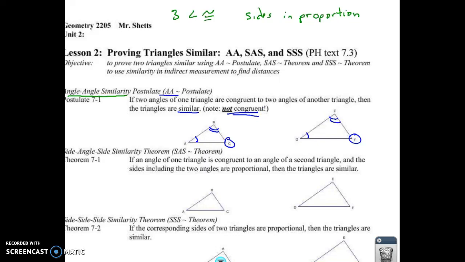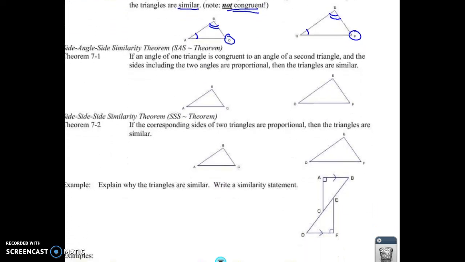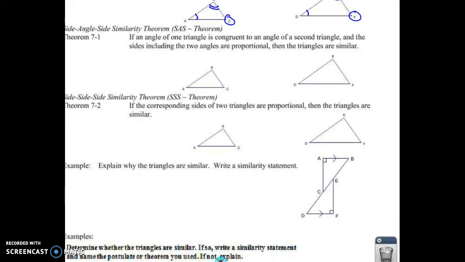Another theorem we have, where we don't need all three angles and all three sides in proportion, is side-angle-side. So we have a side, an angle, and a side. Notice that this angle is the included angle between the two sides.